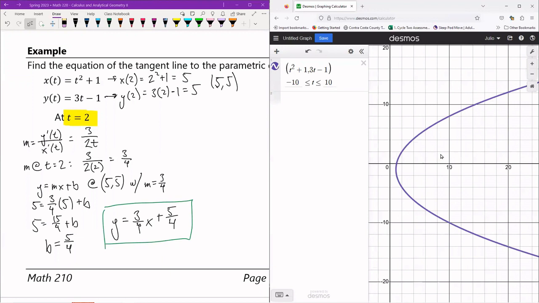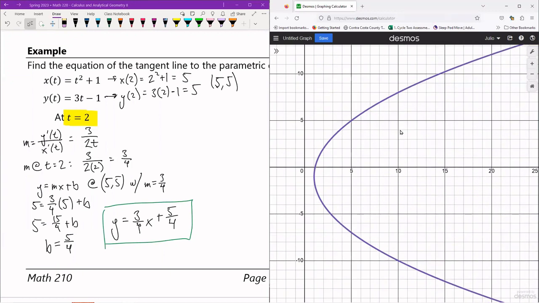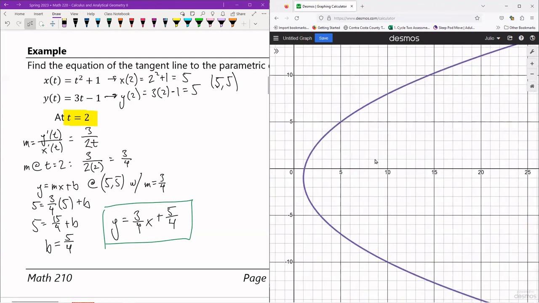This is a sideways parabola, right? If you remember from your pre-calc days, this is not a function, because it doesn't pass the vertical line test. But now we have a nice way of representing things that are not functions, and we can do so parametrically. That's one of the nicer strengths of having parametric equations.